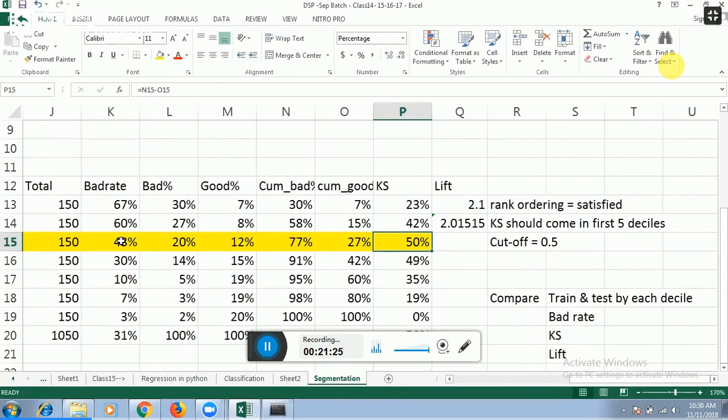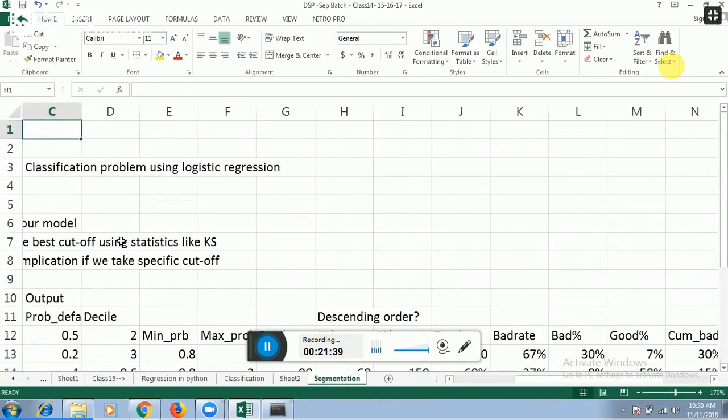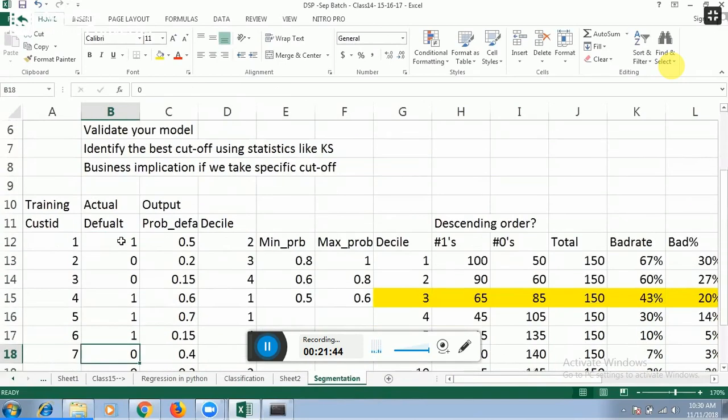Any other questions? Again, isn't this supposed to be based on the risk appetite of the bank? That's the reason I said the third important aspect, I was explaining this in the beginning: the decile analysis and the business implication if you take the cutoff. Statistically, you can say that the third decile, or 0.5, is the best cutoff.